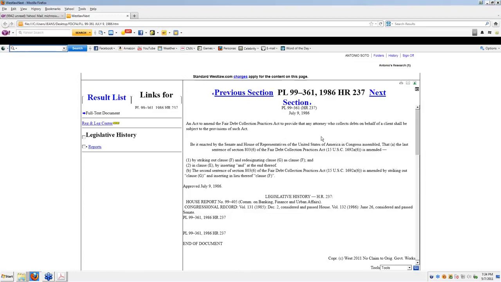So if they're acting for any client to try and collect any kind of a judgment, let's say like this, or even a child support judgment, or a maintenance judgment, or attorney's fee judgment, they're acting as debt collectors rather than an attorney. Right. They just had a case here in California. They settled for $500,000.